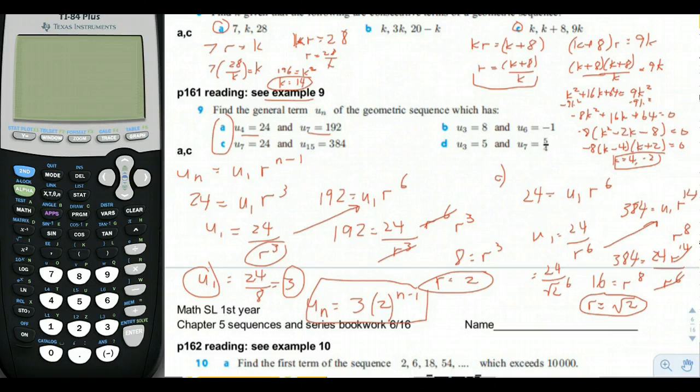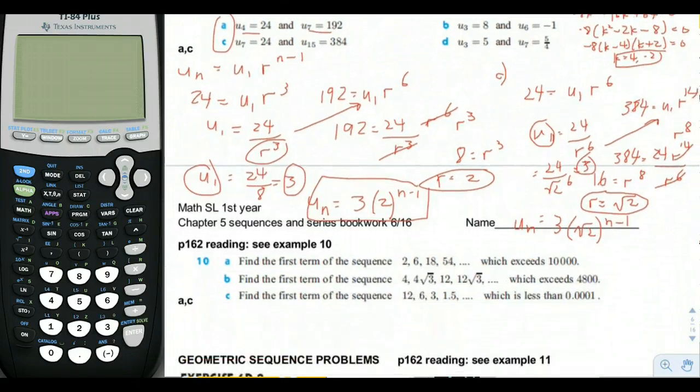Square root of 2 to the 6th would be 8. So 24 divided by 8 is equal to 3. So actually u1 is equal to 3 in this case. And so we could write the general term as un is equal to 3 times square root of 2 to the n minus 1. Okay, that was C.